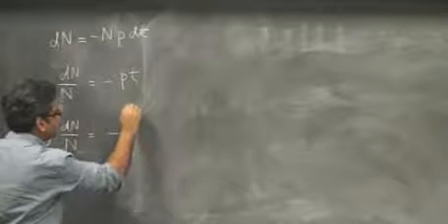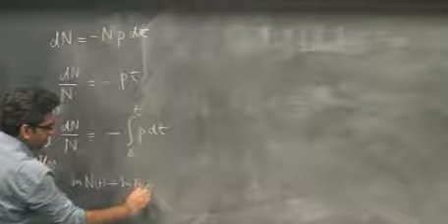So let's integrate it over. Let's say if n0 are the number of nuclei at 0 time and n_t at certain other time, we integrate it over this limit and from 0 to t. This will give me what?